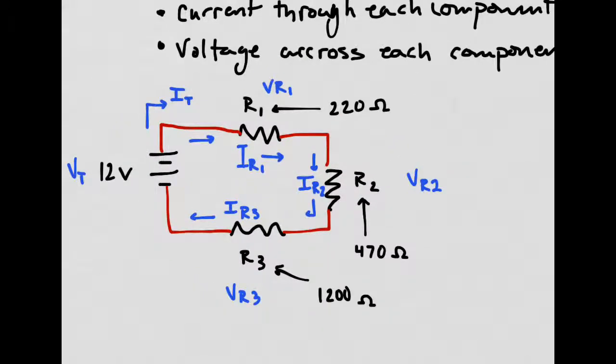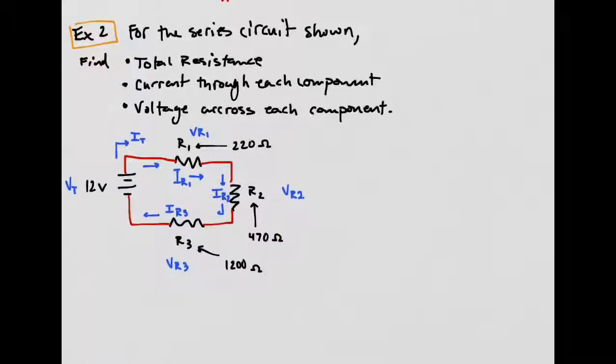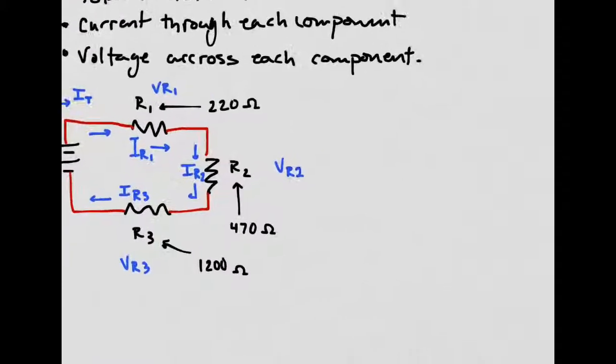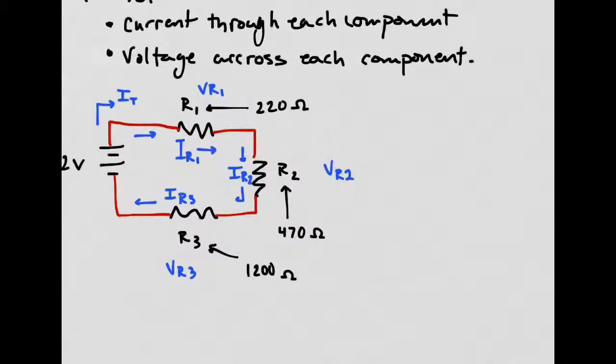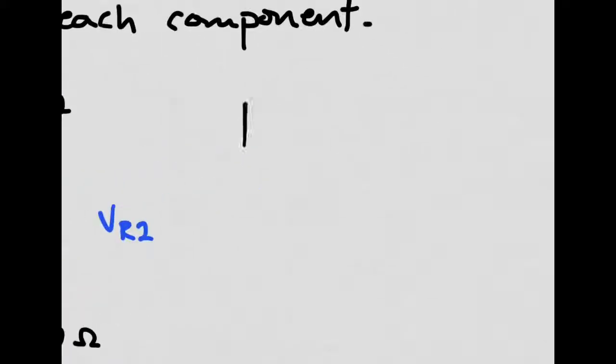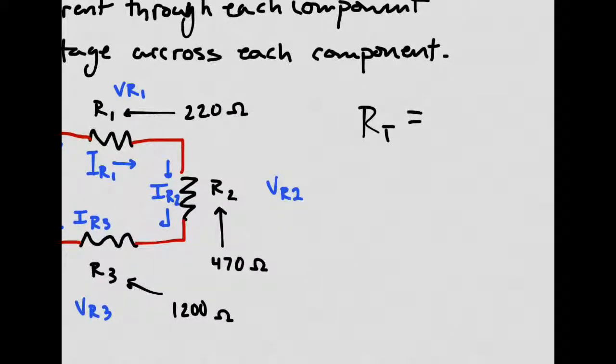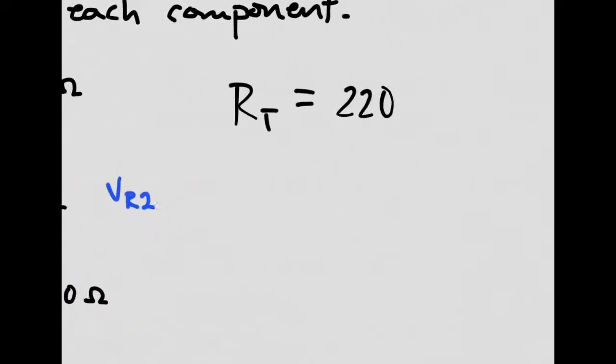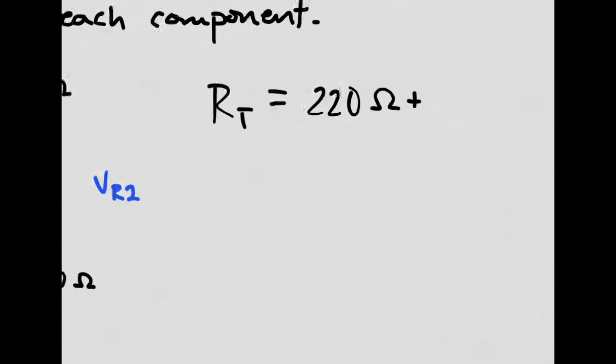Okay, there we go. So the total resistance is just the resistance added from each component. So R T is just going to be R1 plus R2 plus R3. So that's 220 ohms plus 470 ohms.